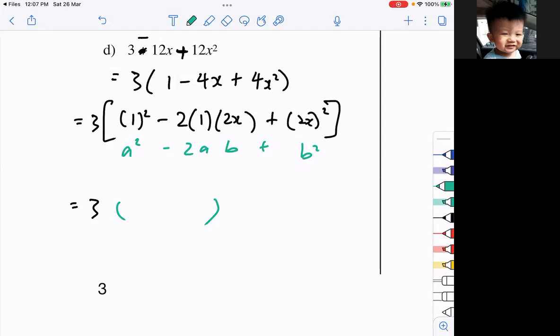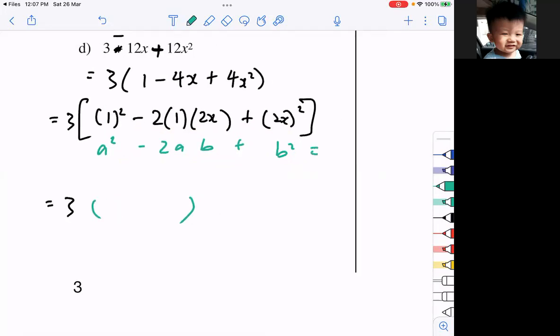Can you see? Okay, 1 is A. So 1 square, I can think of it as A square. Minus 2AB plus B squared. So the second formula came from A minus B whole thing squared. So I'm just asking you all to condense all this information and tell me what is my A minus B whole thing squared. I want to put here. What's my A? Minus, what's my B? That's the answer.